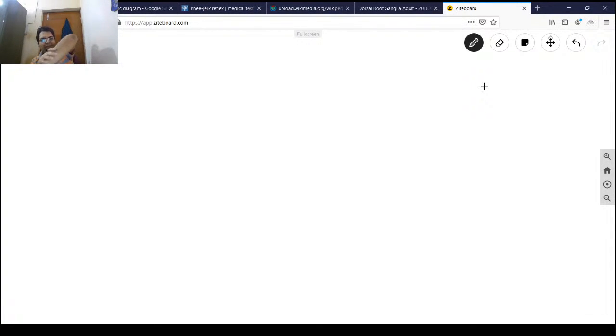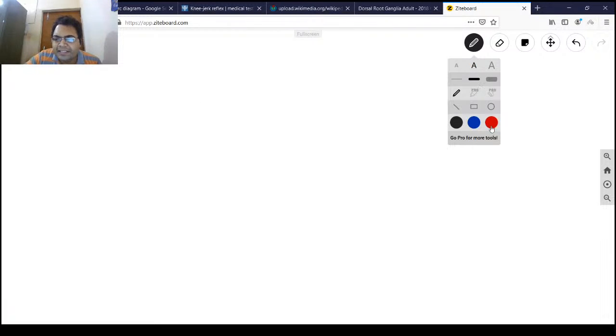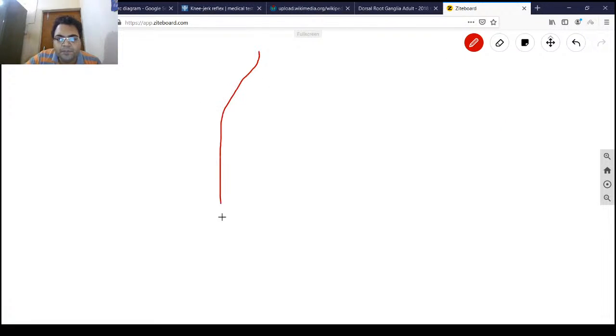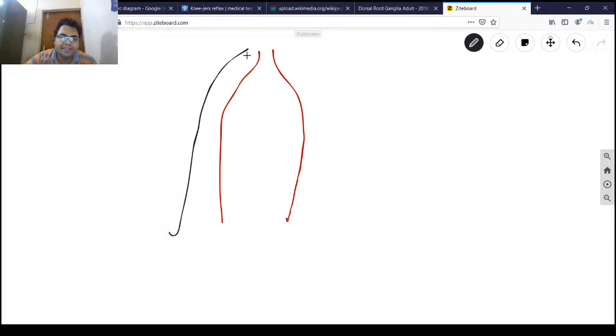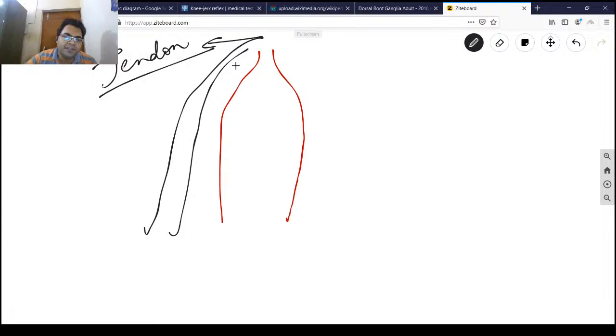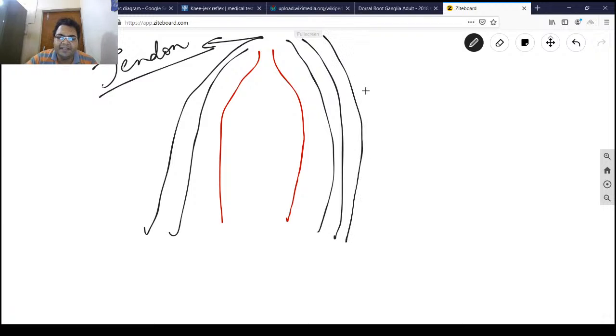Suppose this is my limb, and suppose this is the connective tissue on my limb. These are the muscle fibers which are originating from the tendon.